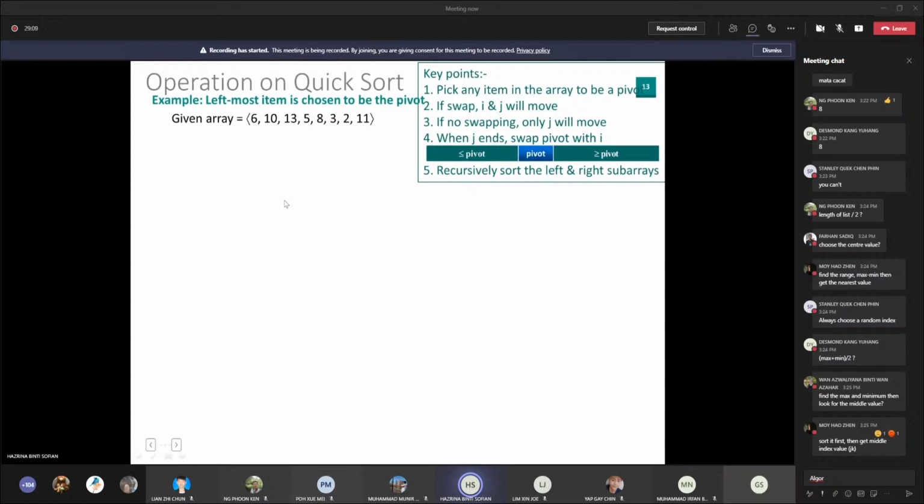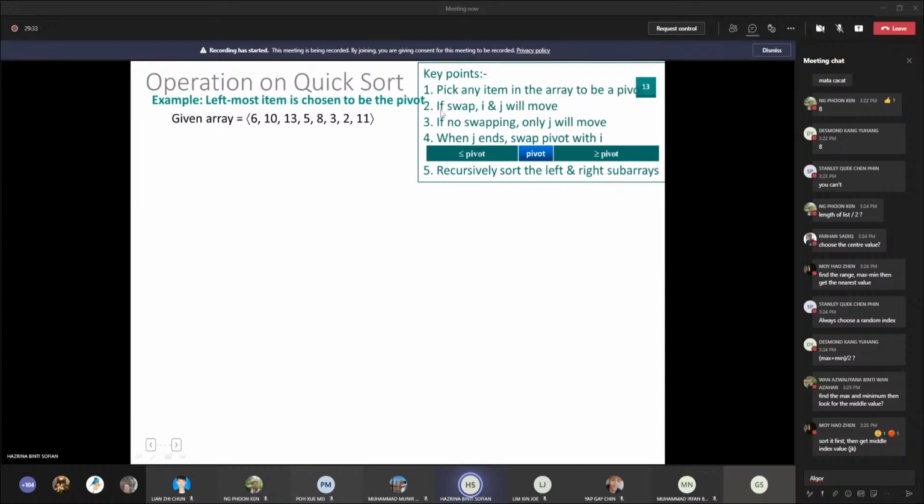When I look at the algorithm, I sum up 5 key points for you to remember when we talk about quicksort. Number 1, pick any item in the array to be a pivot. In this example, we take leftmost.